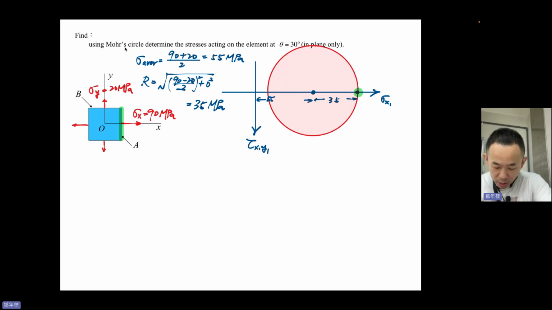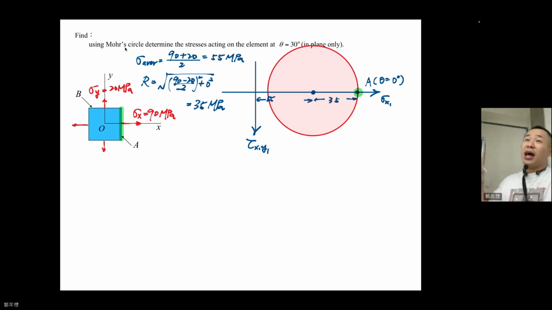All right, so A is point theta equal to 0 degrees, and this is the principal plane. Okay, and that's it. So actually we are done with that.